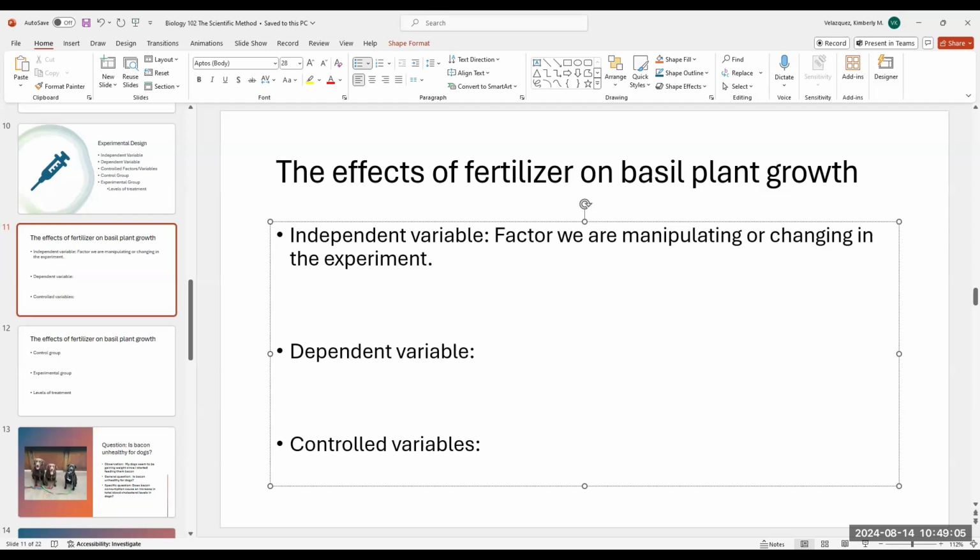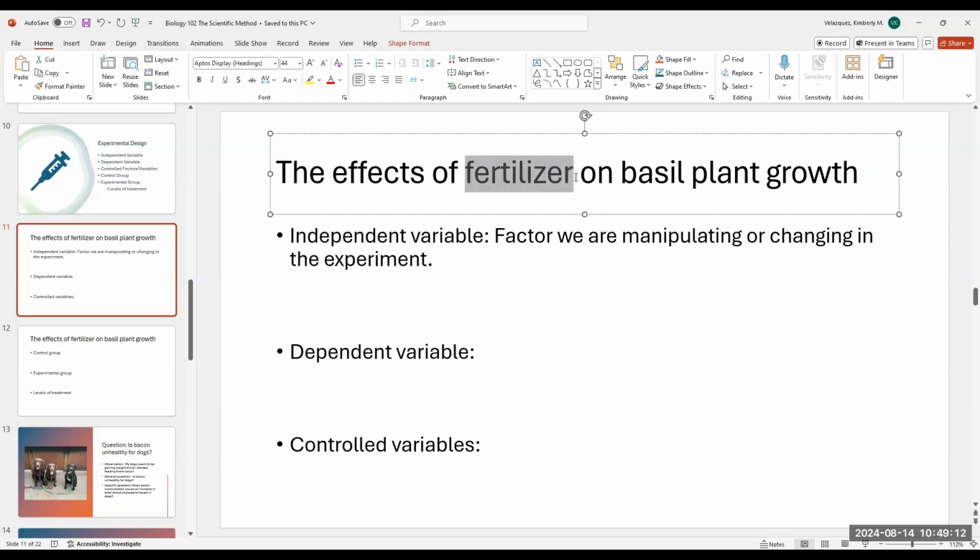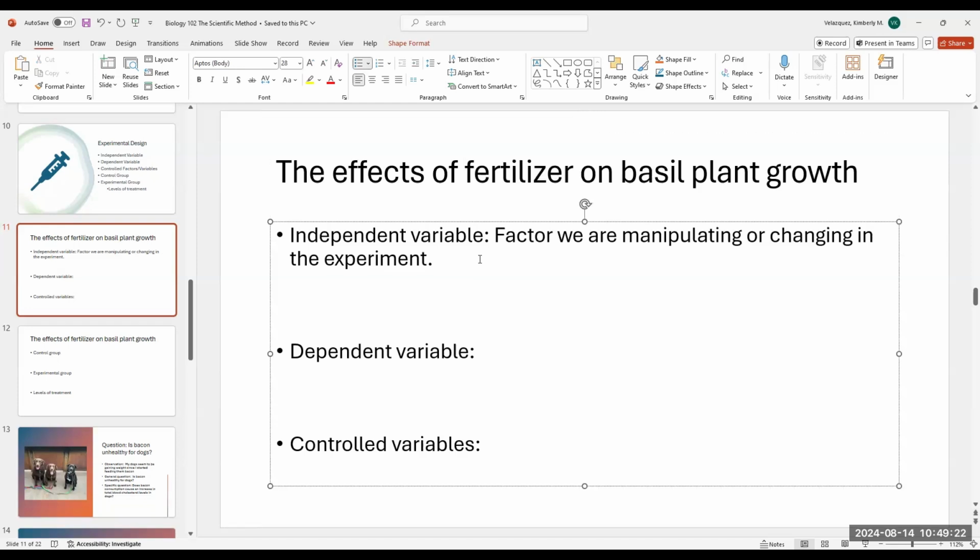So in this experiment, we are manipulating or changing fertilizer. We're giving basal plants probably differing amounts of fertilizer, and we're seeing how that affects basal plant growth. So in this experiment, our independent variable is the amount of fertilizer.